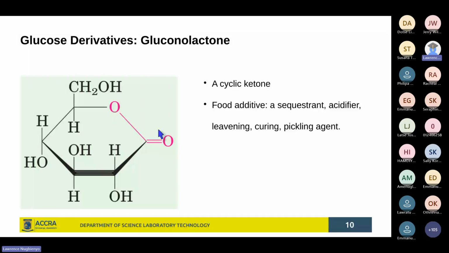Because when you have free water up to a certain percentage, you start to have the growth of fungi, like some molds, and that will definitely cause food spoilage.